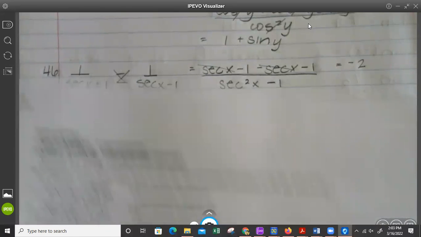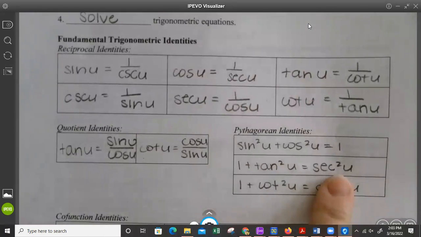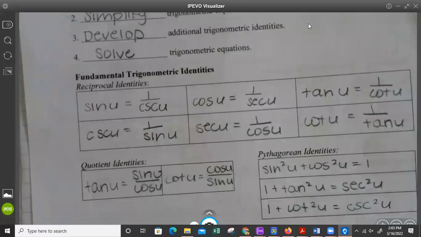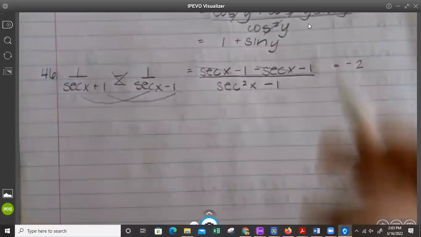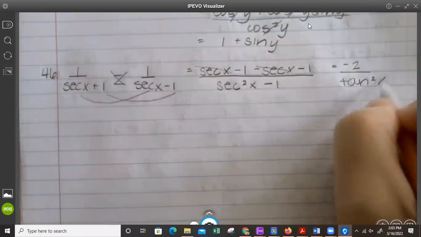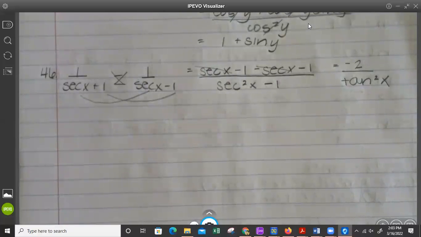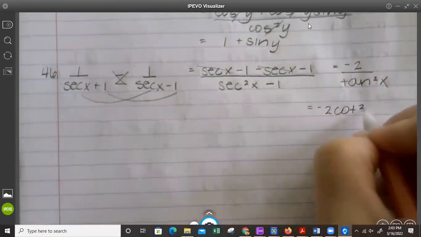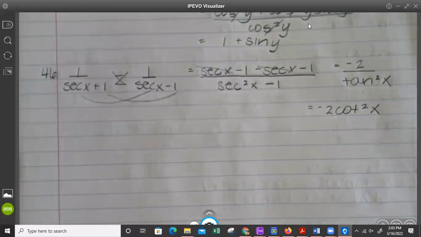So let's look for secant squared x minus 1, which will give you tan squared. Then they don't like tan squared on the bottom. So what is 1 over tan squared? Cotan. So the final answer is -2 cotan squared x. We do not want a fraction.